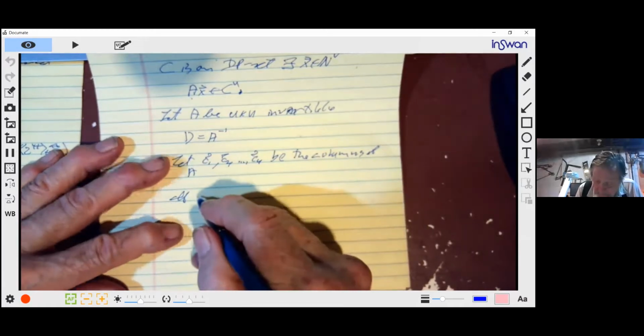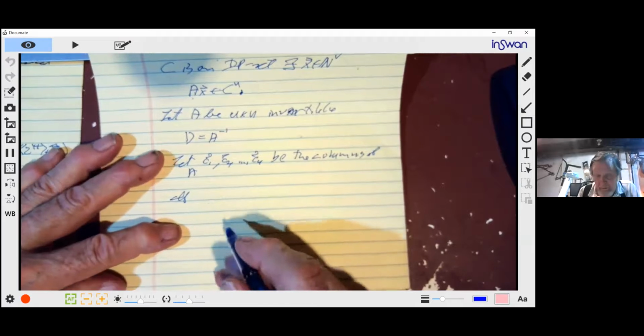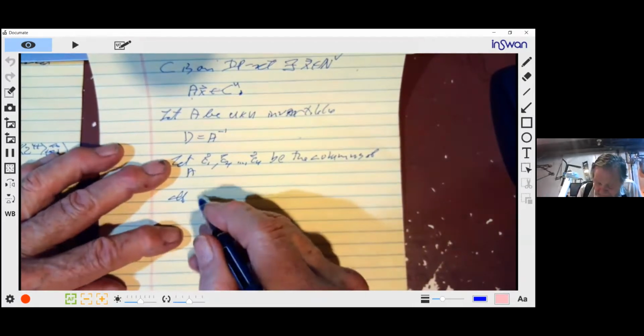I'm only going to do one of the sufficient conditions here, but it's the one that contrasts very nicely with the necessary condition that we have.